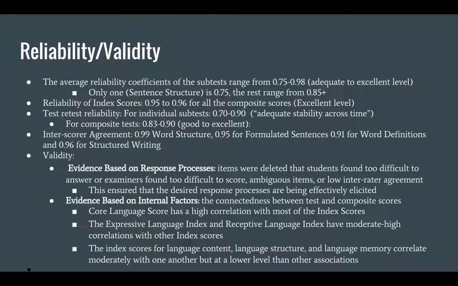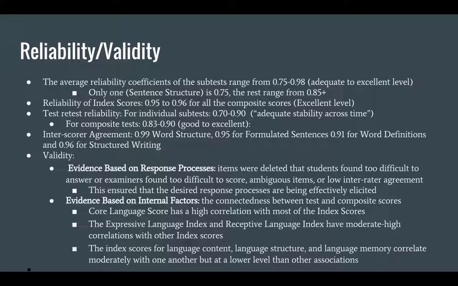So we're on to the reliability and validity. The average reliability coefficients of the subtests range from an adequate to an excellent level. The sentence structure, though, is 0.75, whereas the rest of the range is 0.85 or above. Regarding the reliability of index scores, for all of the composite scores, they reached an excellent level.